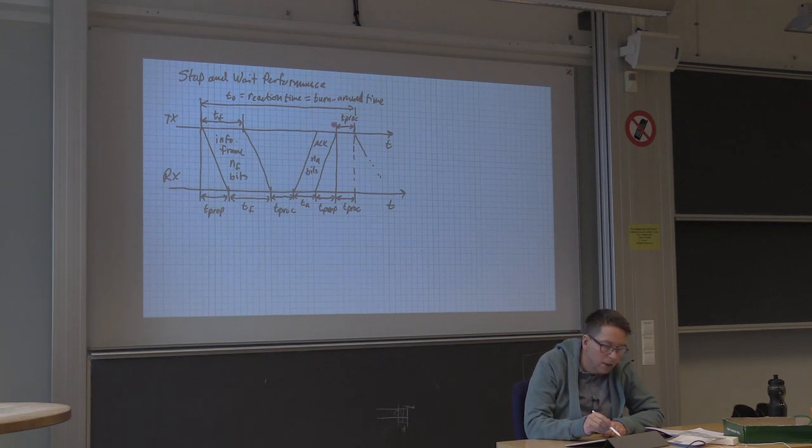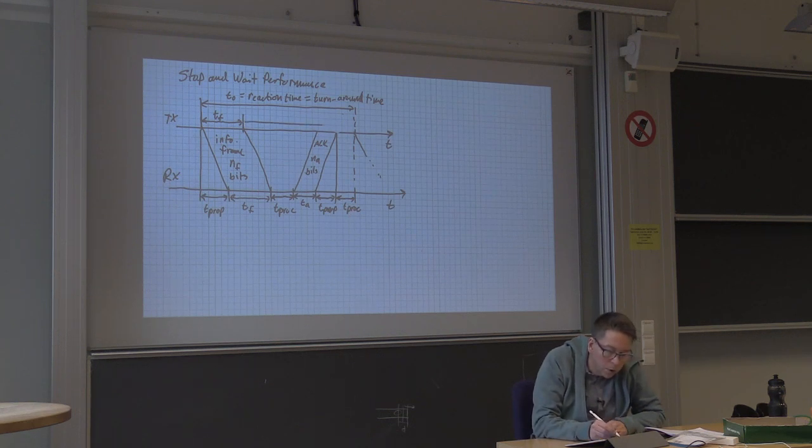The thing is that, and we will see later on, the time here from when the last bit of the frame has been transmitted until the end of, okay, so let me get rid of this. Here we just moved the processing time down here. Because what I want to do is draw this part here.